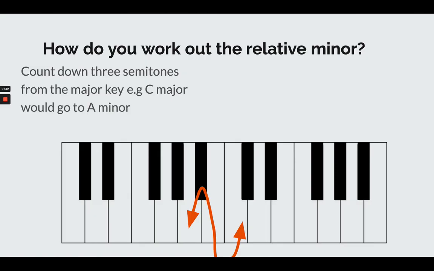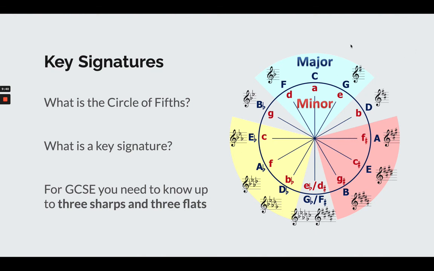Another important thing about key signatures is working out the relative minor. Because if we go back to the very beginning, we can see that each key signature has 2 potential keys, 1 major version and 1 minor version.